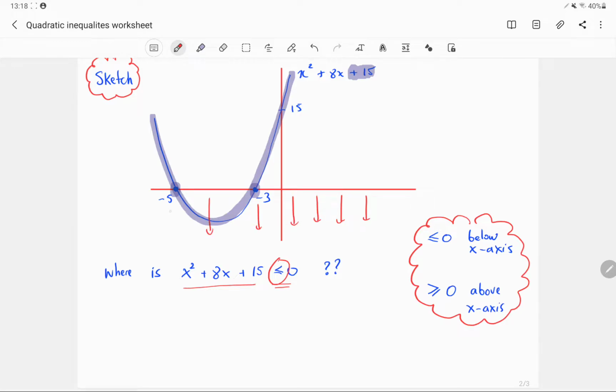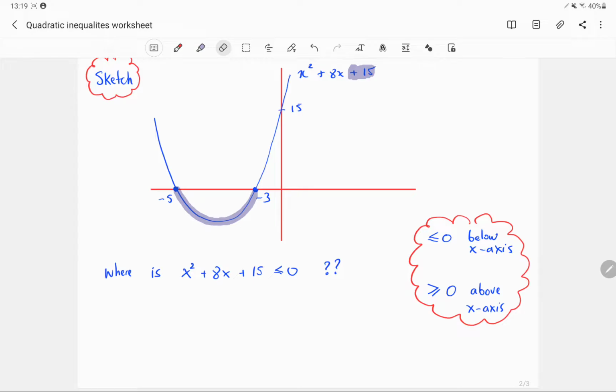So when is this curve underneath the x-axis? In this particular case, the curve is underneath the x-axis for this portion. So it is negative between these two values, minus 5 and minus 3.